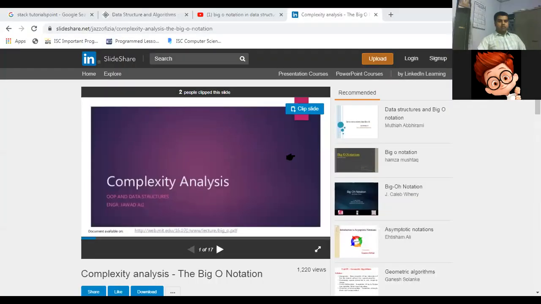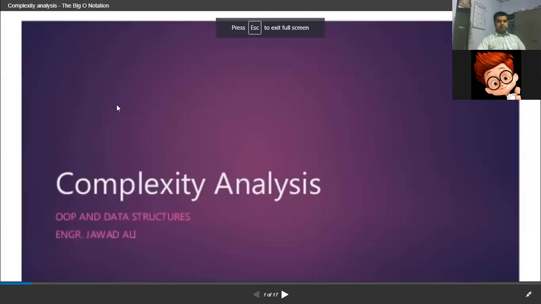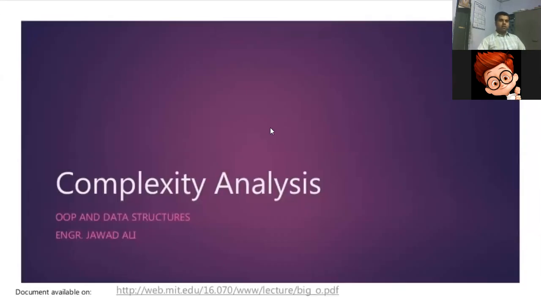Complexity analysis. I hope you can see this PPT out here. The first and foremost part that everyone has to keep in mind is that every object oriented programming or any programming program has to go through a data structure.